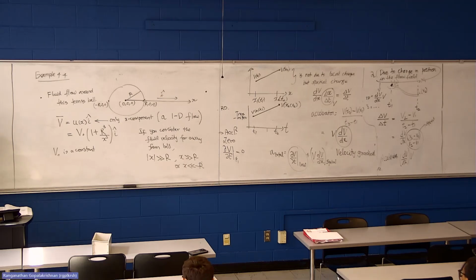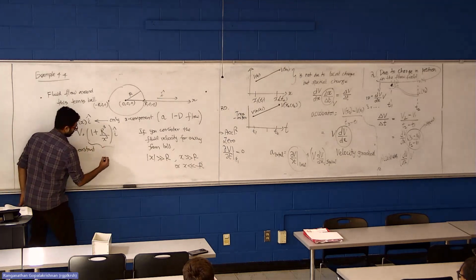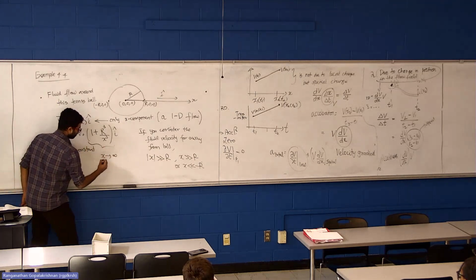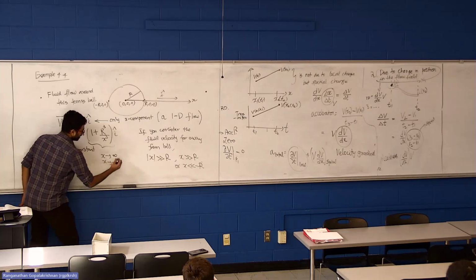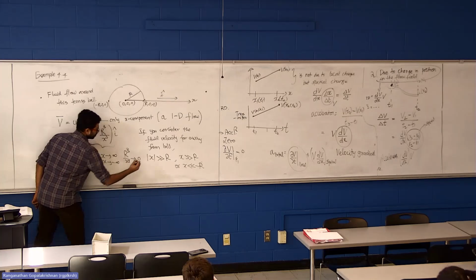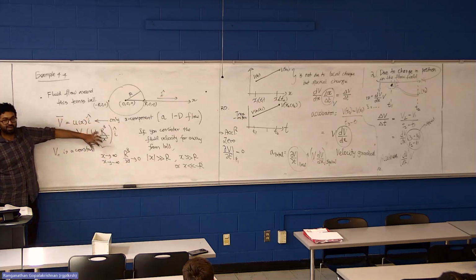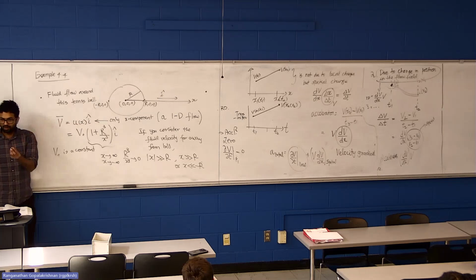Times 1, or V naught. So this little function here, if x goes to infinity or x goes to minus infinity, r cube over x cube becomes 0. If you divide this r cube by a very large number, it will become small.